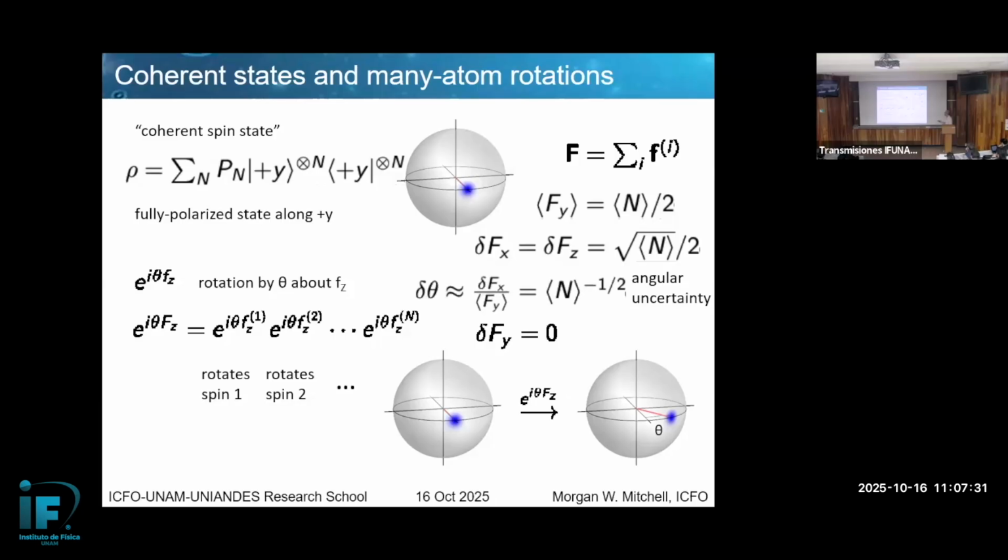And the angular uncertainty also involves the 1 over square root of the average value of n. The thing that we gain by using a density matrix is that now, because the number of spins is uncertain, the projection onto this polarization direction, into the y direction, is also uncertain. And so now we have also an uncertainty for that component.